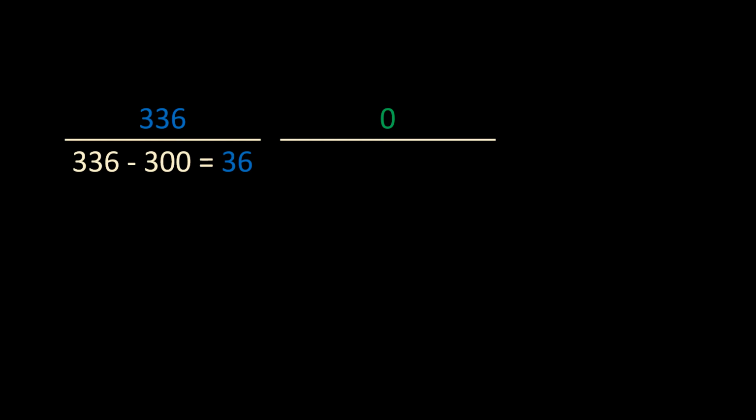So let's try this in our example, which is dividing 336 by 3. In this case, we can combine the first 100 steps by subtracting 300 from 336 and adding 100 to the count.